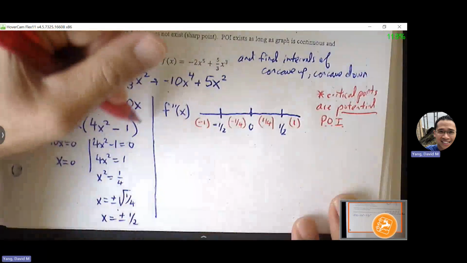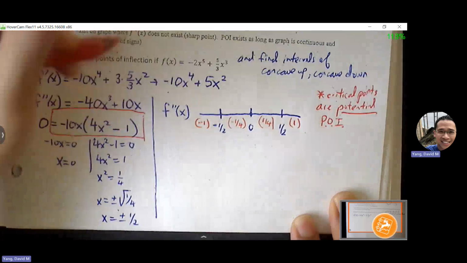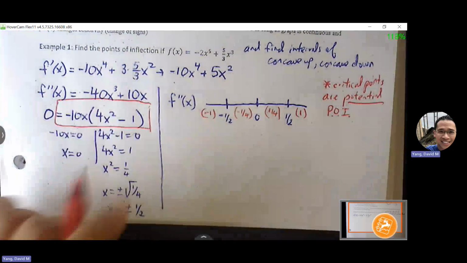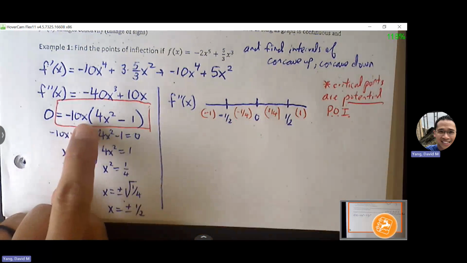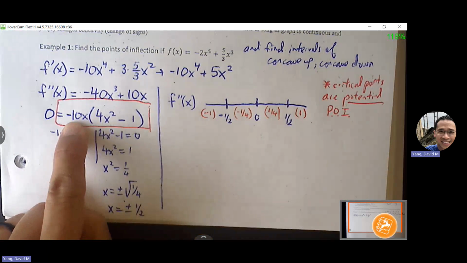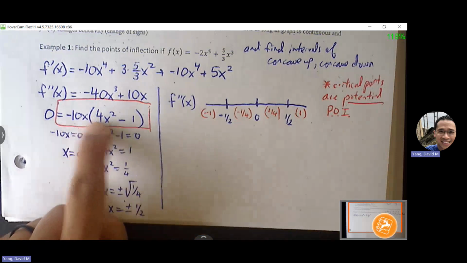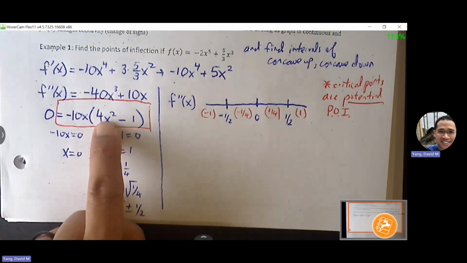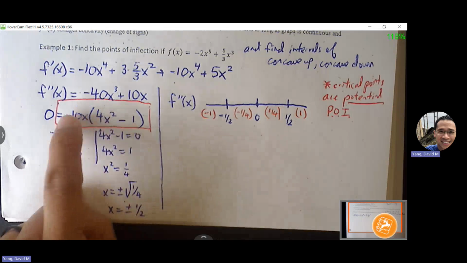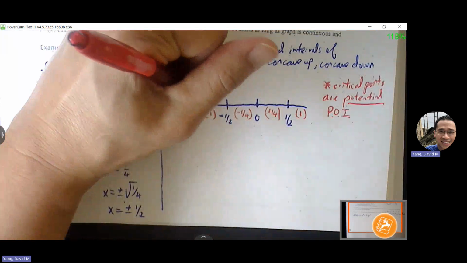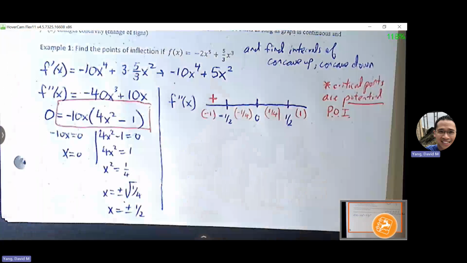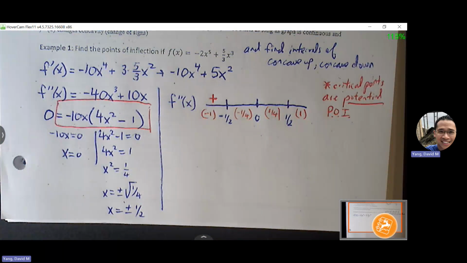Second derivative, good. So second derivative is going to give us information about concavity, so it needs to go into the second derivative function. Okay, so I'll insert -1 in for x. The -10 is obviously negative. -1 is also negative. Now here, if I plug 1 in for x, I get 4 minus 1 is positive. So negative times positive. That's only 2 negatives, which is positive. So my graph is going to show a positive concavity in that first interval.